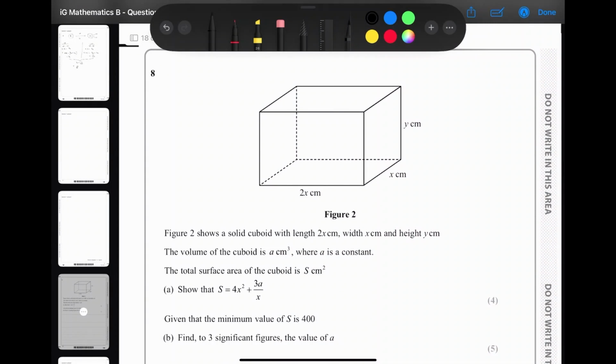For the last one today we have a 3D box labeled with its measurements. We are told A is the volume of this cuboid, so we will multiply it to get the expression for A. Now since the first one is asking to show the surface area S, we will calculate that too.